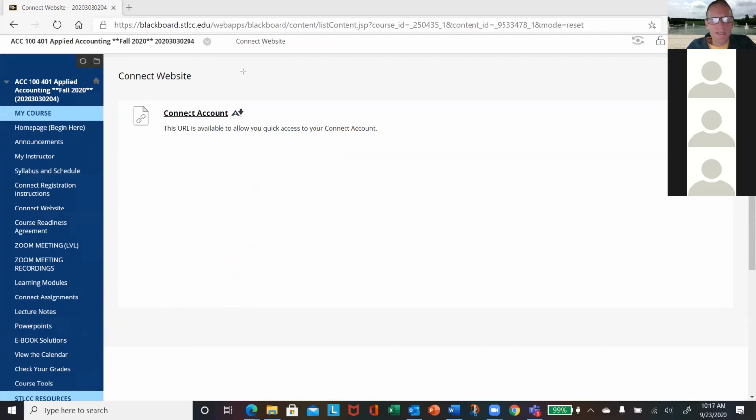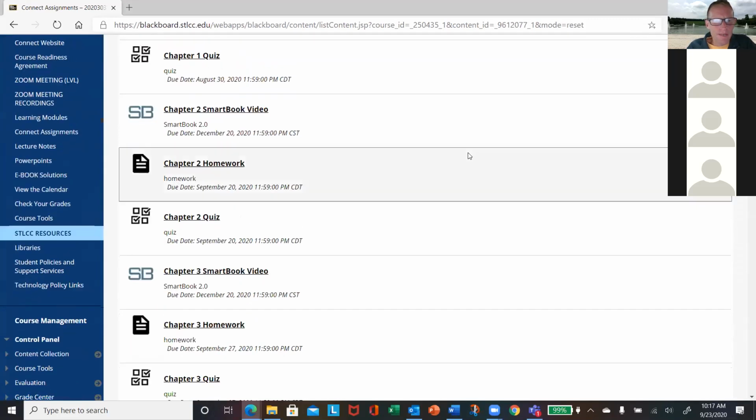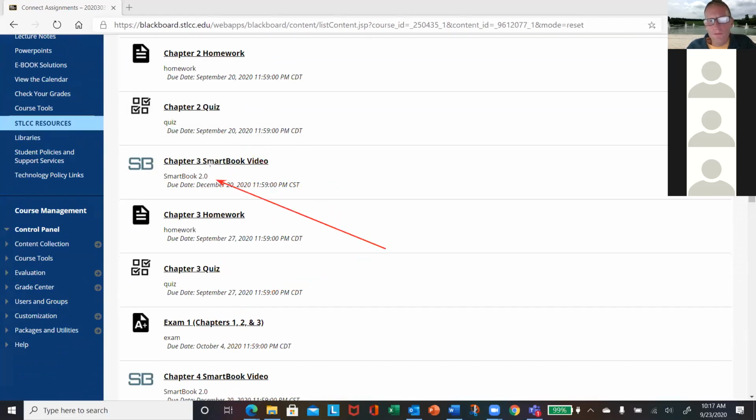So for example, when I say the Connect assignment link, that's this link that says Connect assignments. If I open that right now, you'll notice that you've got every assignment. In fact, here is exam one, but you have every assignment that you can reference. If you click any of these links through this portal in Blackboard, it'll take you right into Connect to do them.